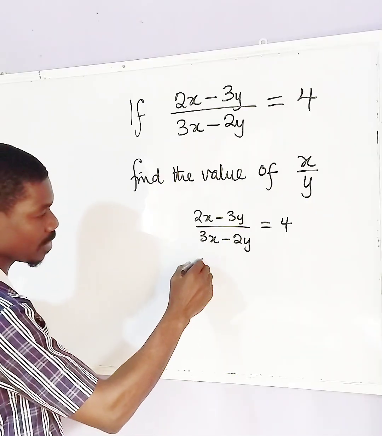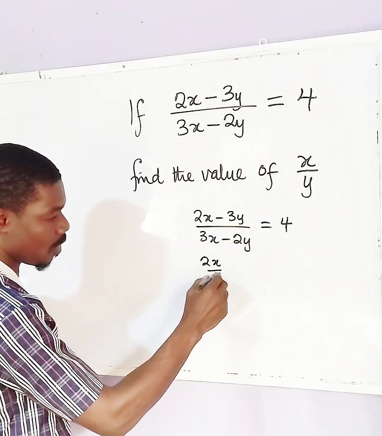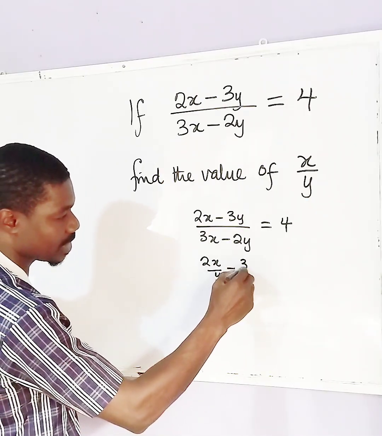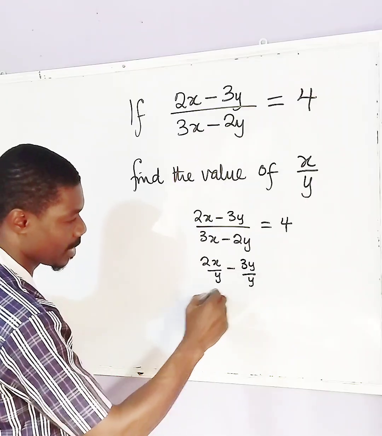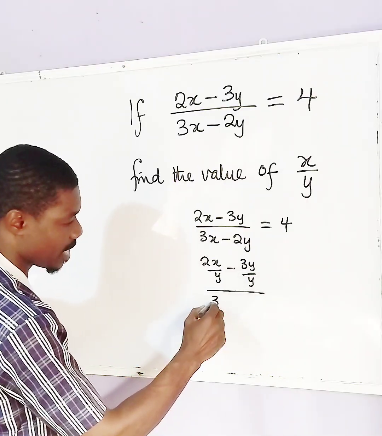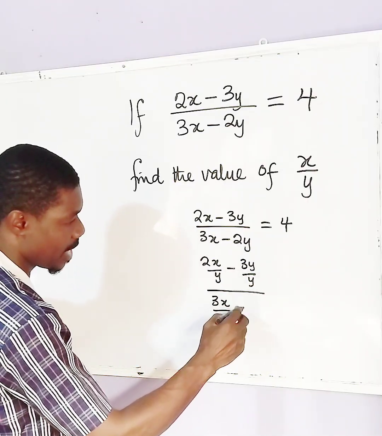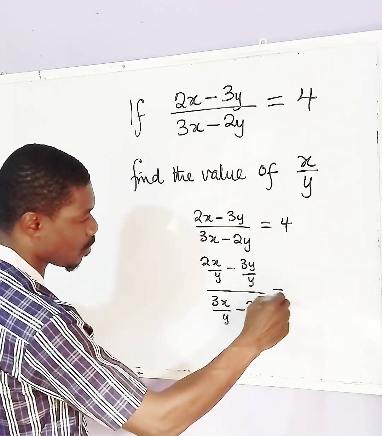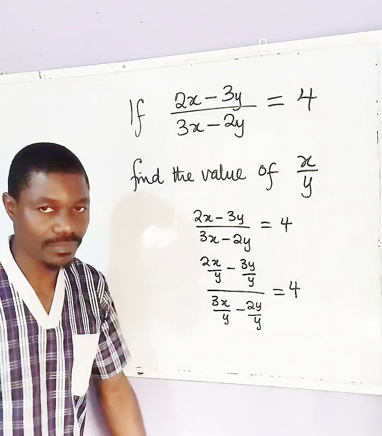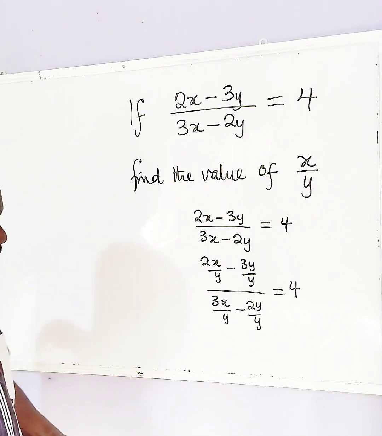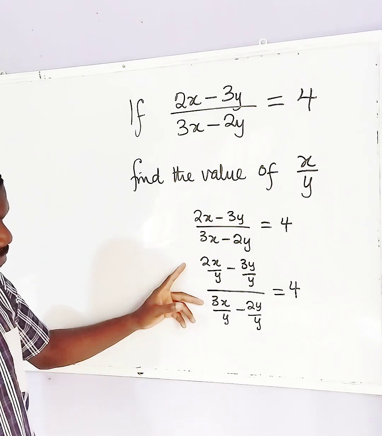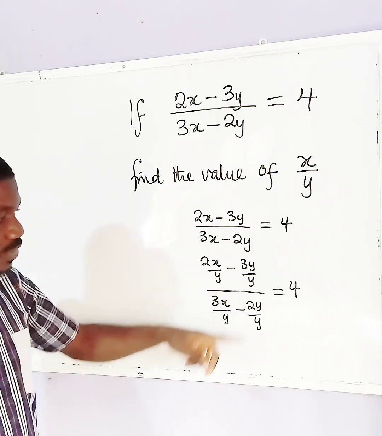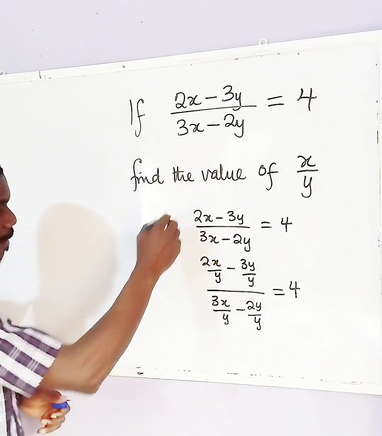So here we have 2x over y, minus 3y over y, all over 3x over y, minus 2y over y, equals 4. The next thing we need to do is to eliminate them.